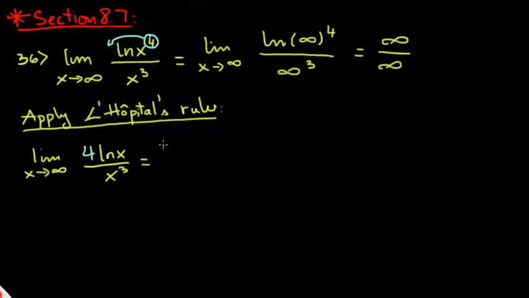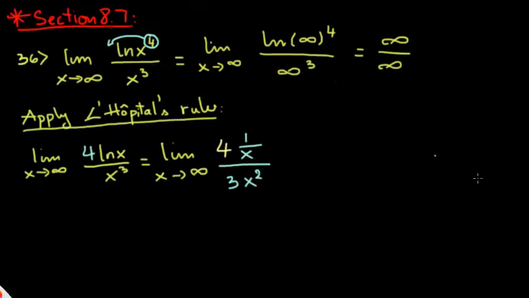That will be equal to the limit as x approaches positive infinity of 4 times the derivative of ln x, which is 1 over x, over the derivative of x to the third, which is 3x squared.